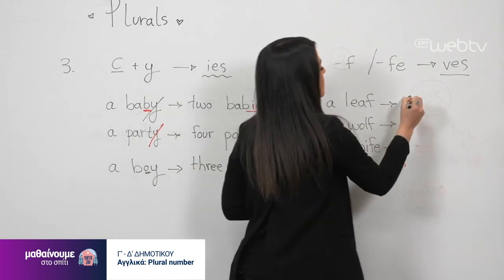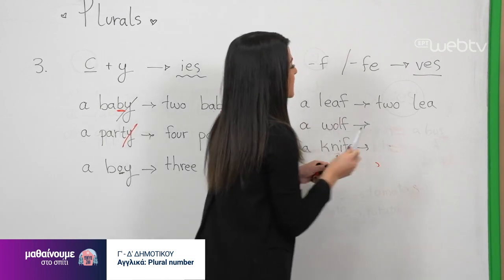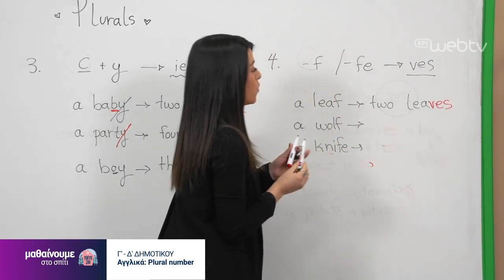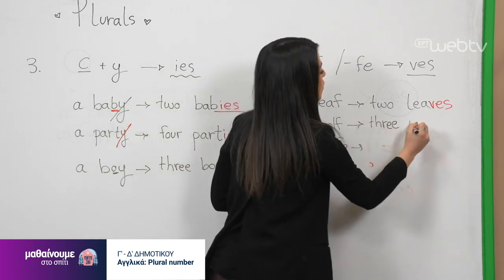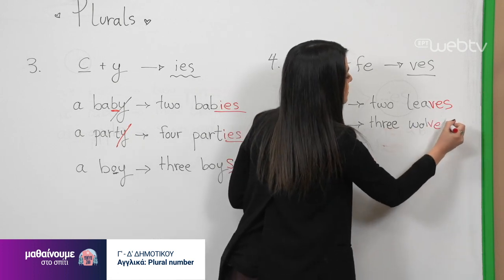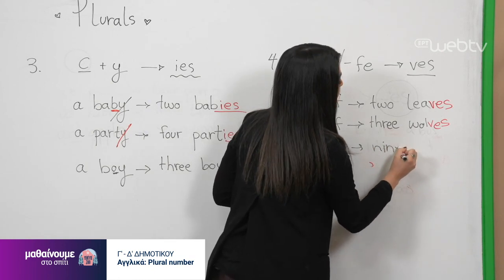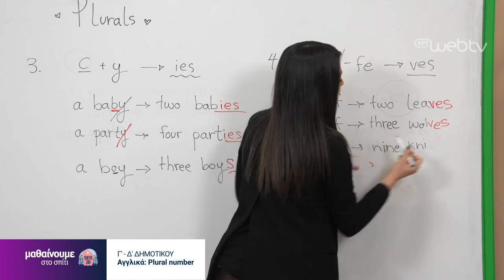A leaf, 2 leaves, V-E-S, okay? A wolf, 3 wolves, V-E-S. And a knife, 9, I'm just writing any number, it doesn't matter. 9 knives.